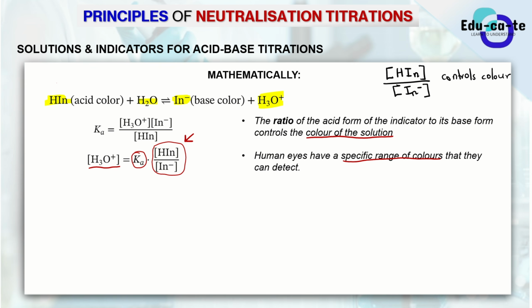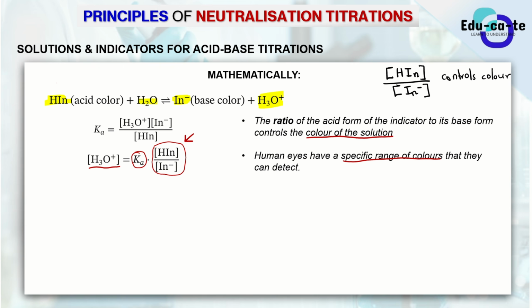So for us to be able to observe the color of the indicator, because the whole point of having an indicator is for us to observe the color change, everything about an indicator must always be linked to its color change and how we observe it.